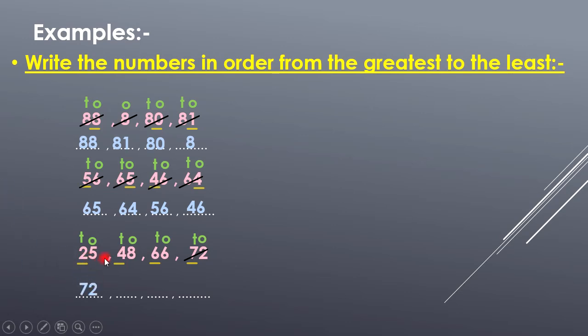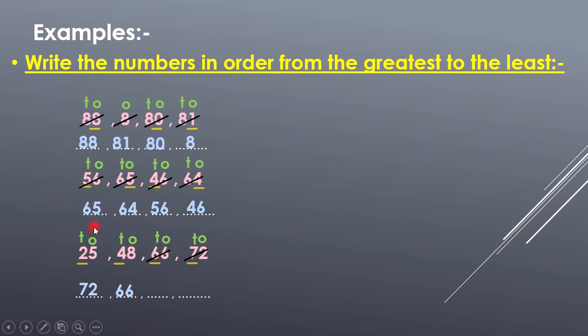Now I have 25, 48 and 66. Which one is the biggest? Look to tens digit. Yes, the biggest number is 66. So I cross 66 and put here 66.